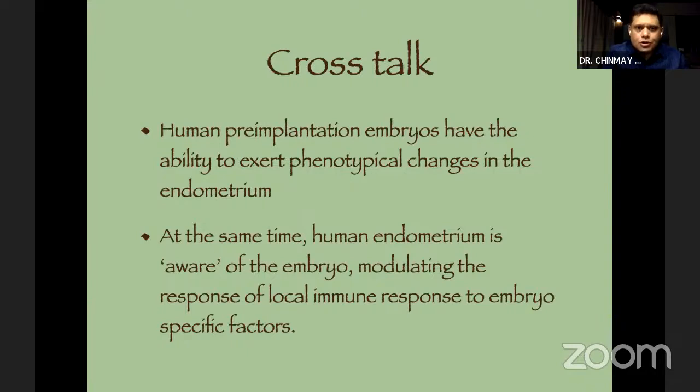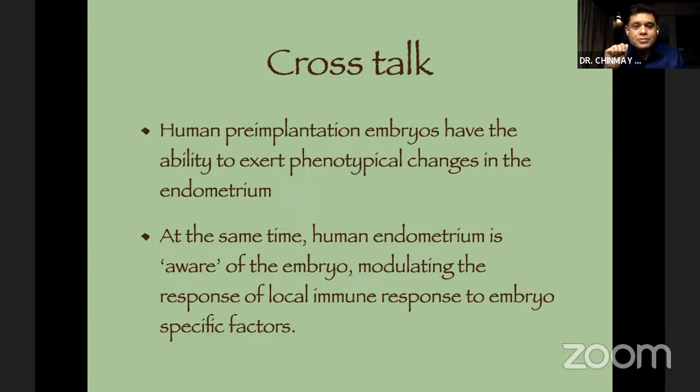Now, what is this crosstalk? So human pre-implantation embryos have the ability to exert phenotypical changes in endometrium. At the same time, a human endometrium is aware of the embryo, modulating the local immune response to the embryo specific factors. Now look how sometimes we miss the obvious thing.